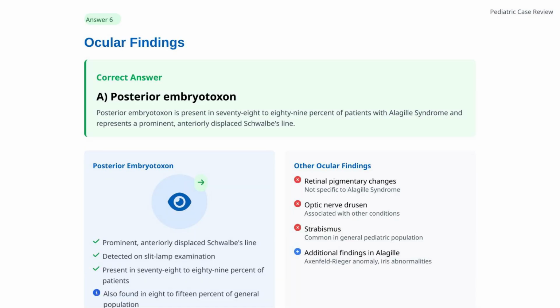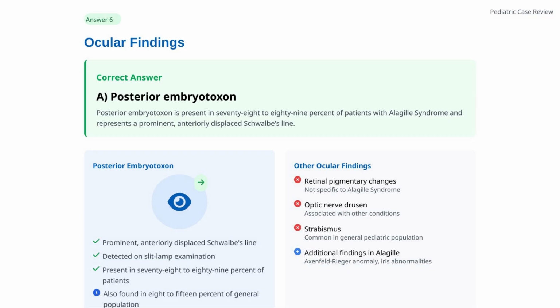The correct answer is A, posterior embryotoxin. Posterior embryotoxin is present in 78 to 89% of patients with Alagille syndrome and represents a prominent, anteriorly displaced Schwalbe's line. It is detected on slit lamp examination and is considered the most characteristic ocular finding of the syndrome.